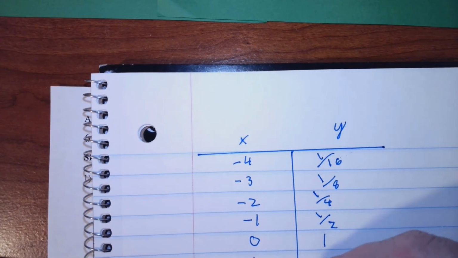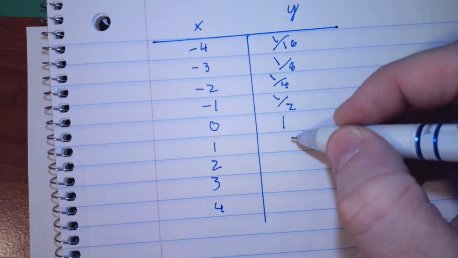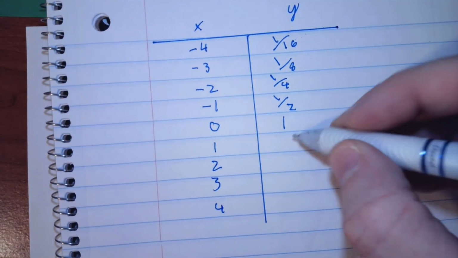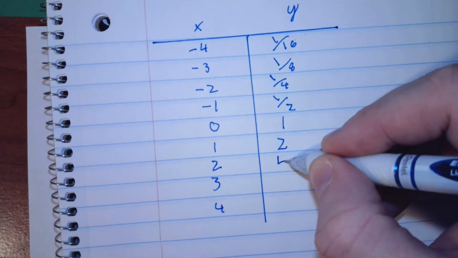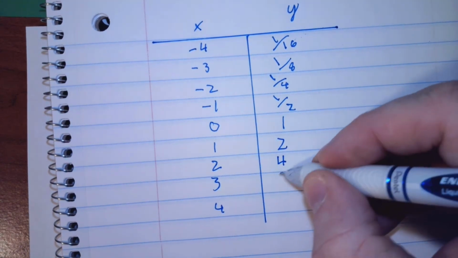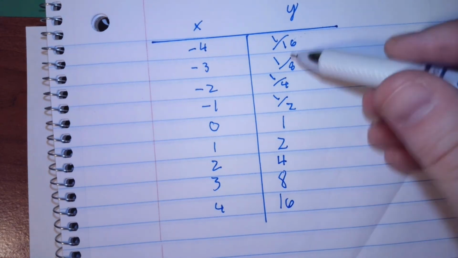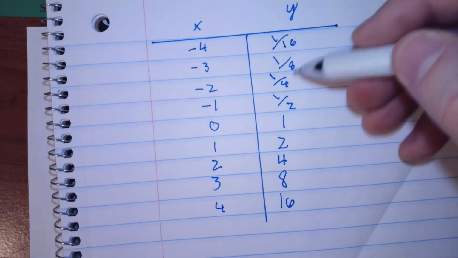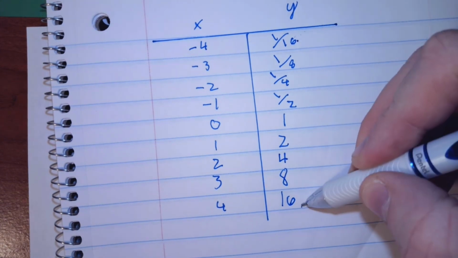1, 2, 3, and 4, and let's look at that. We have this is going to be 2, 4, 8, and 16. Okay, make sure that I'm right. Put this all in the calculator, and so notice how this and this are matching.